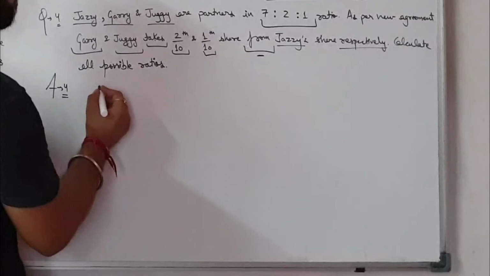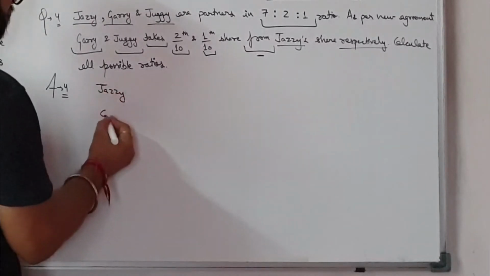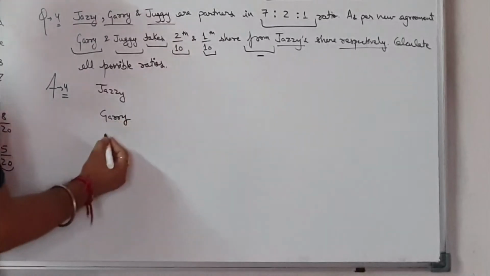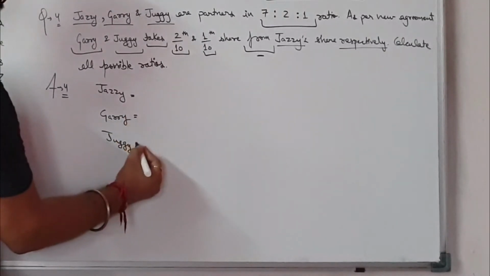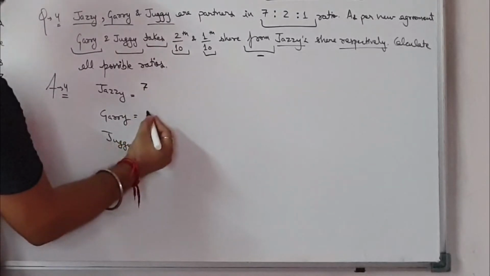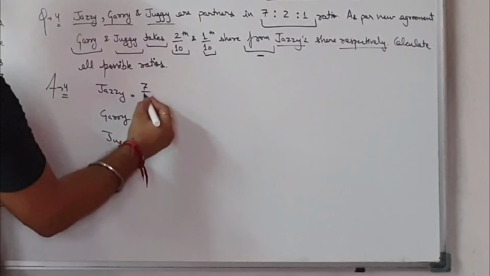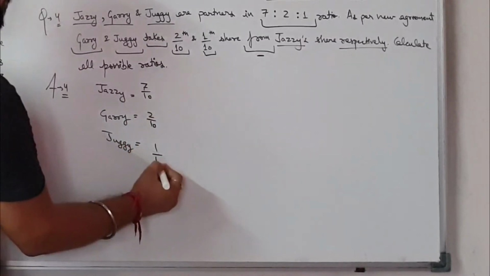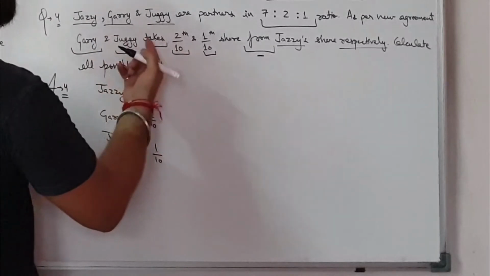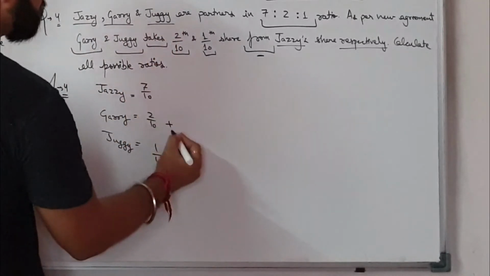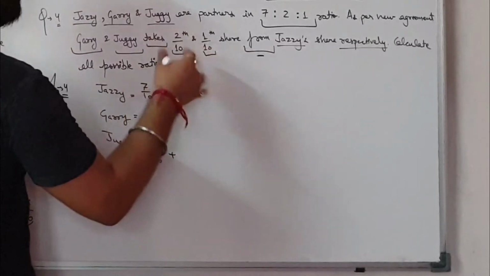Now, first write the old ratios. Jazzy, Gary and Jaggi are partners sharing profit in the ratio of 7 to 2 to 1. The total is 10. So these are the old ratios. Now as per the agreement, Gary and Jaggi take from Jazzy.